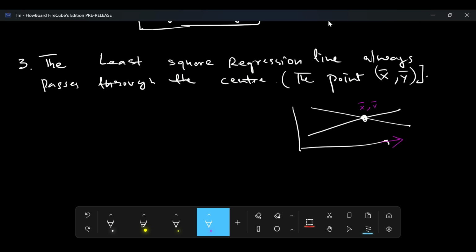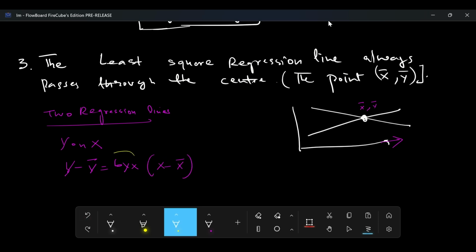And we have two regression lines. One is y on x, that is y minus y bar is equal to b_yx times (x minus x bar), and this is the regression coefficient of line y on x.